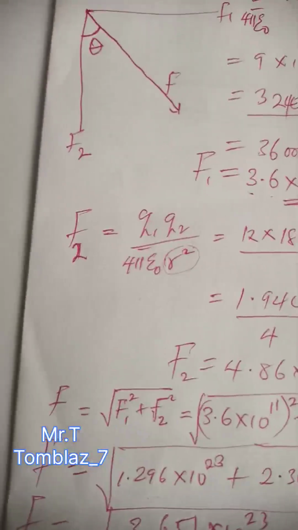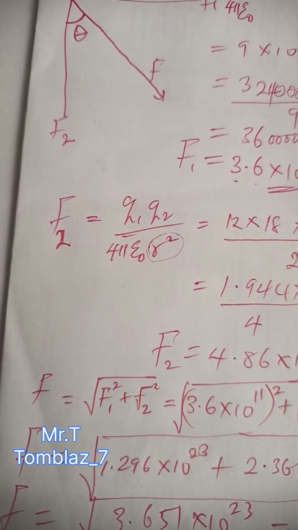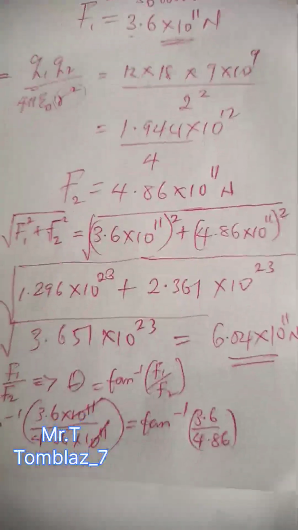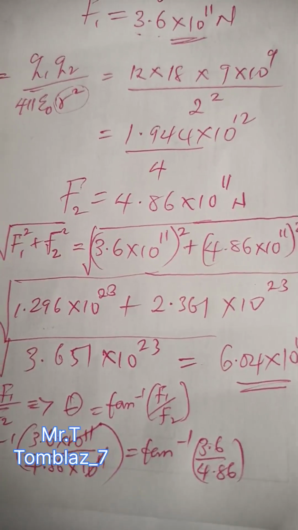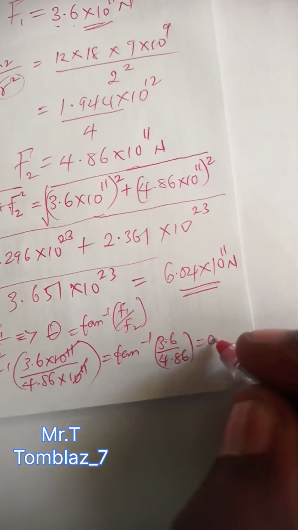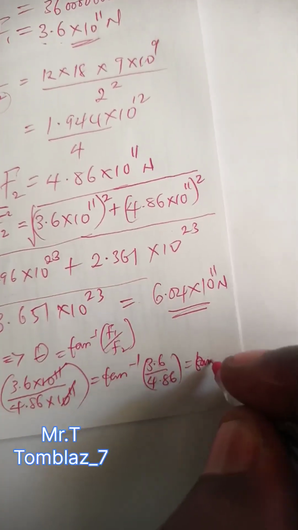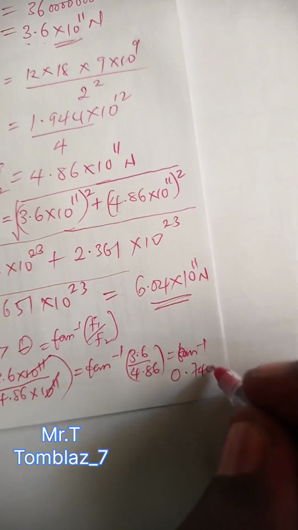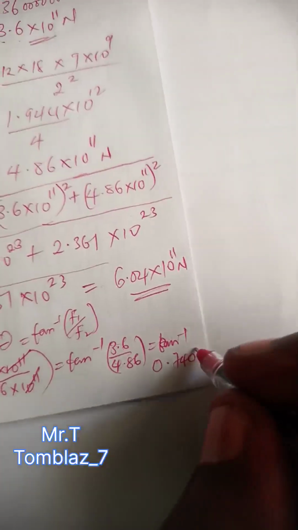So let's divide that value first. 3.6 divided by 4.86 is going to give us 0.7407.